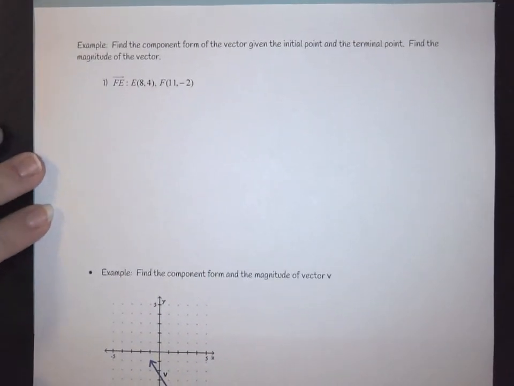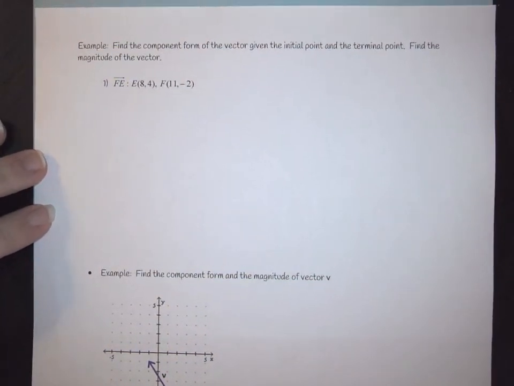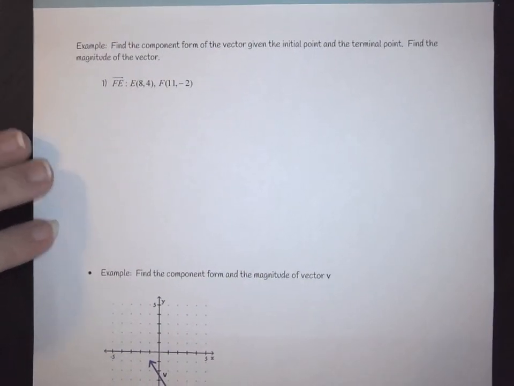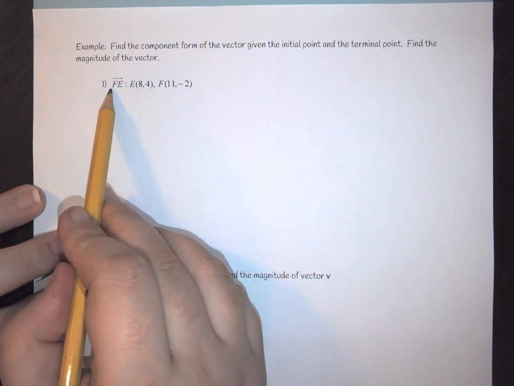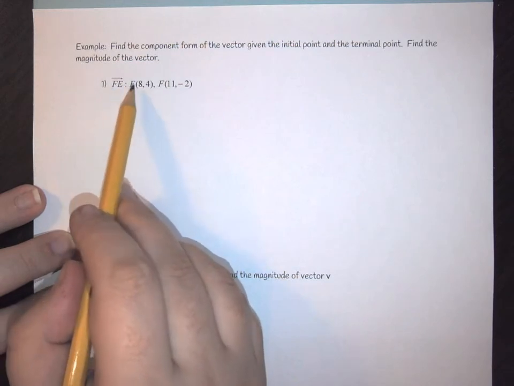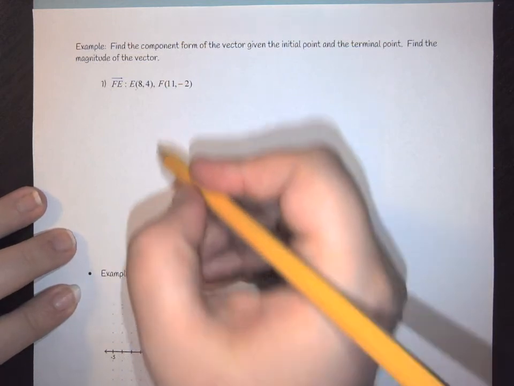Alright, let's look at a couple examples just to make sure we are all on the same page. Find the component form of the vector given the initial point and the terminal point, and find the magnitude of the vector. Here we have vector FE, and we're told that E is the point 8, 4 and F is the point 11, -2.